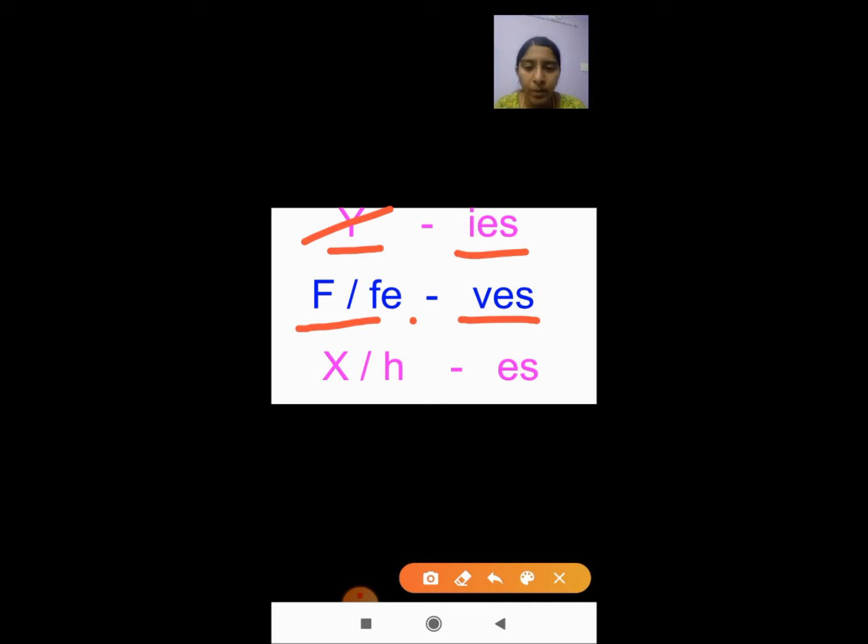If you see these two letters at the end of the word, you are going to change them to VES.